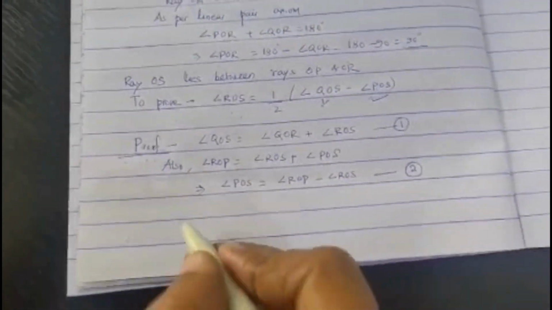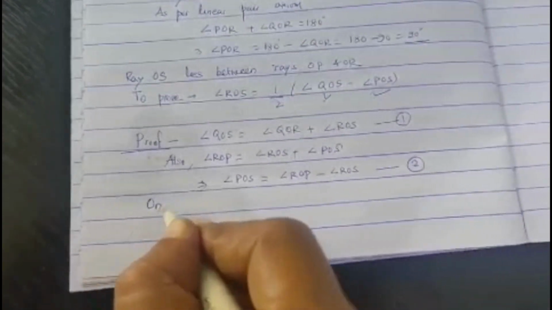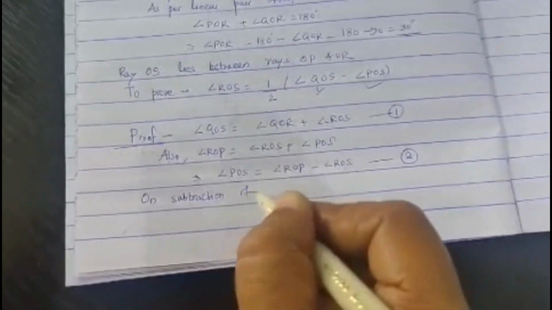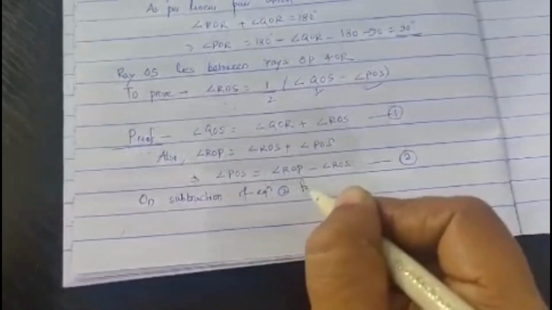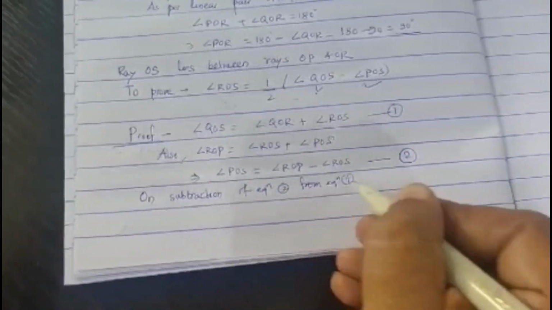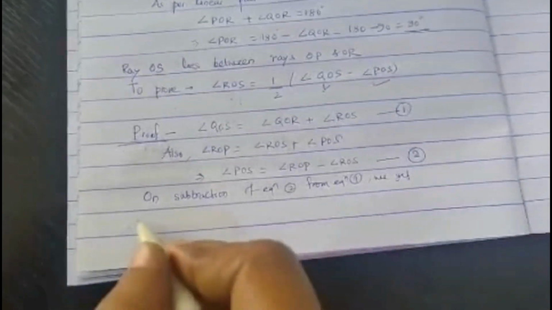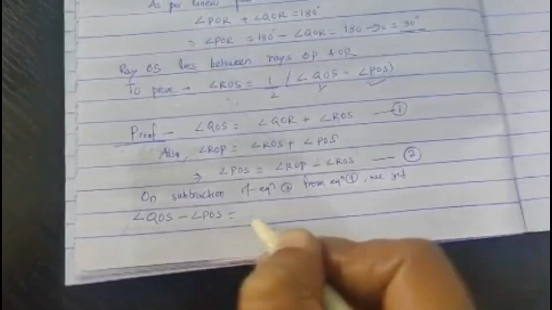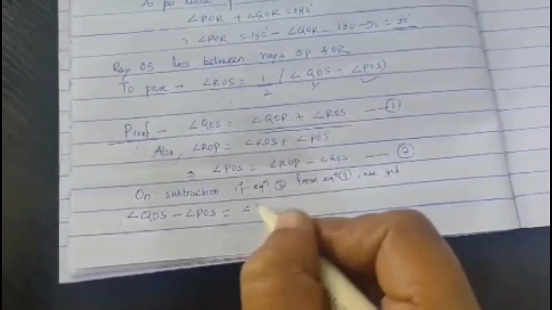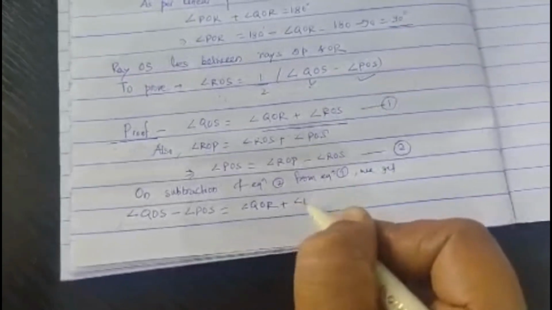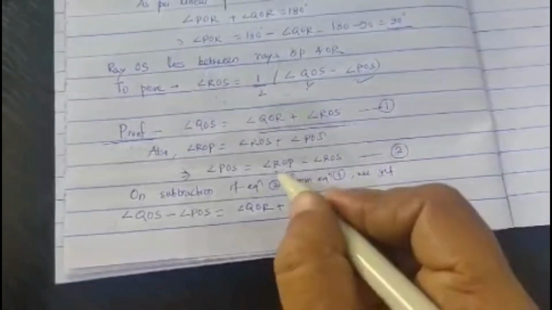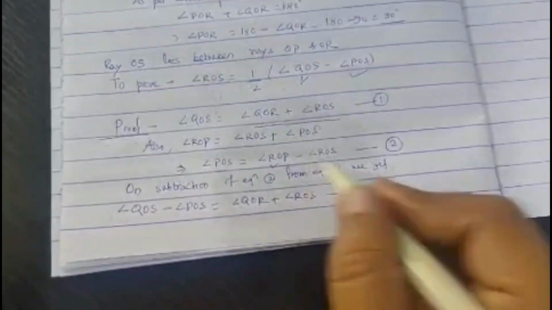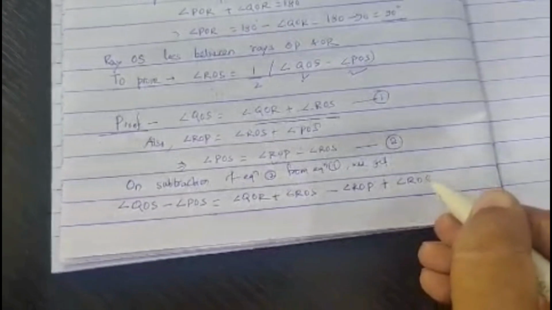Let us subtract this equation. On subtraction of equation 2 from equation 1, we get angle QOS minus angle POS is equal to angle QOR plus angle ROS minus angle ROP, and this minus and minus will become plus angle ROS.